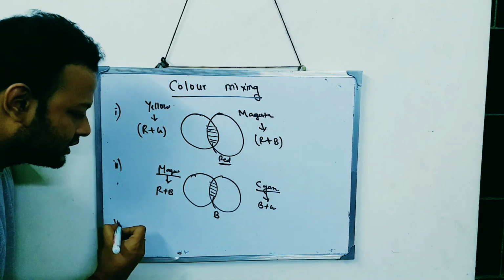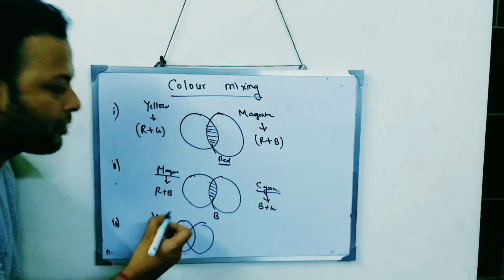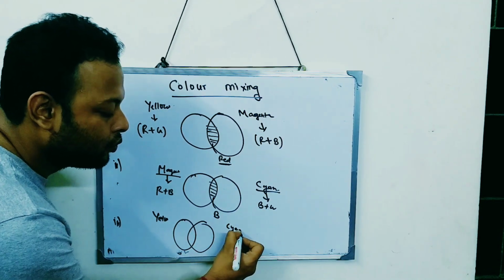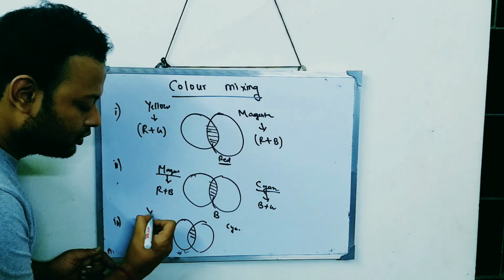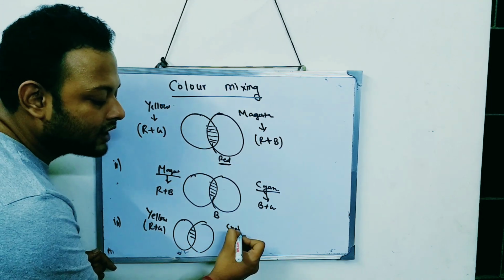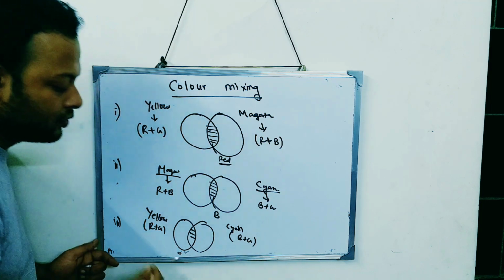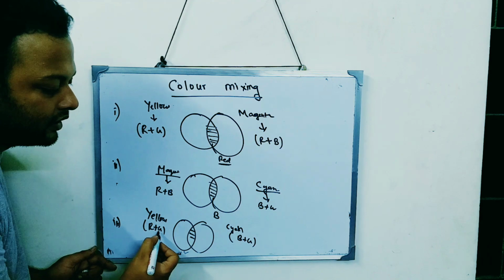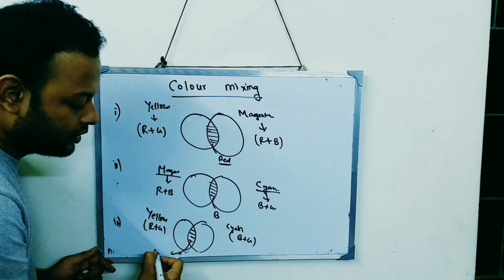And similarly, in the third situation, if I mix yellow and cyan, what will this part be? Yellow gives red and green and cyan gives blue and green. So you can see green is the common part, so this color will be green.